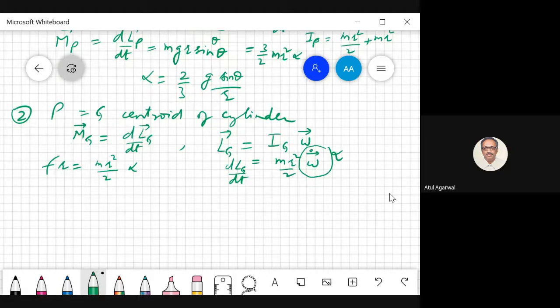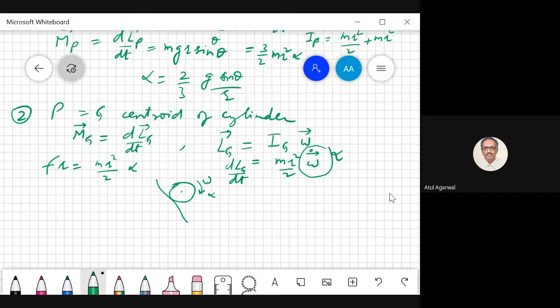Okay. Now another thing is happening. This cylinder, as it is rotating, it is having angular acceleration alpha, angular velocity omega. Now, frictional force, how is it acting? What is the direction of frictional force?